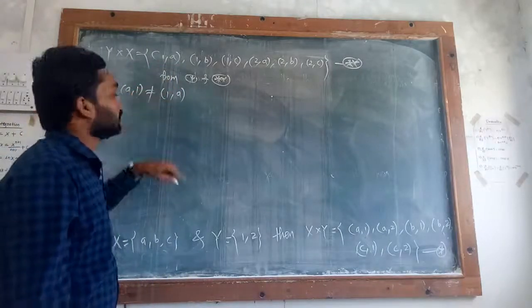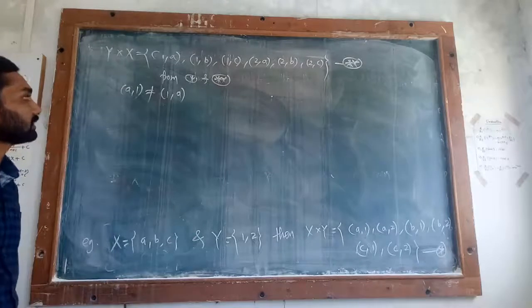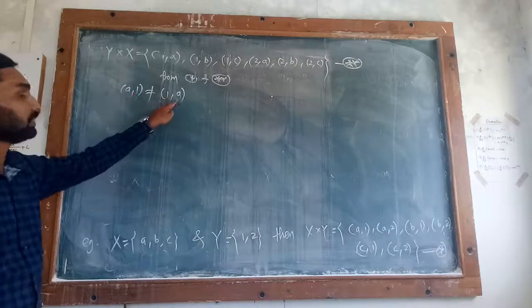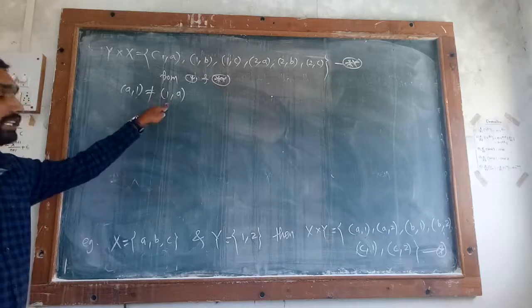Are both pairs equal? These two pairs are not equal, because they would be equal only if a equals 1 and 1 equals a. Therefore, are both pairs equal?